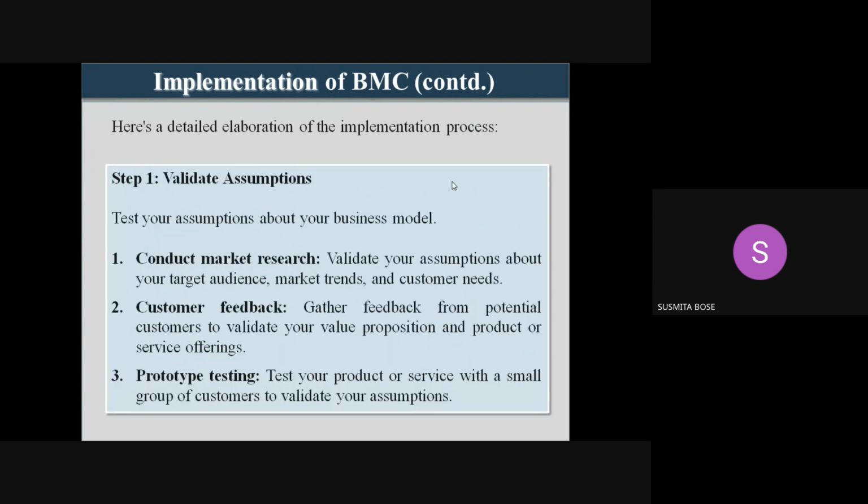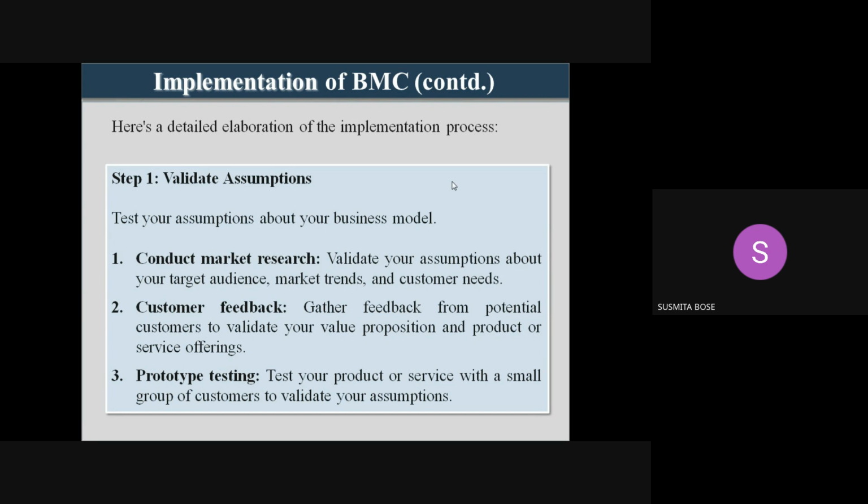To validate your assumptions, you have to test your assumptions about your business model. You'll have to conduct market research. You have to validate your assumptions, your perception about your target audience, market trends, and customer needs. Maybe what you are thinking actually is not true. It may or may not be true.